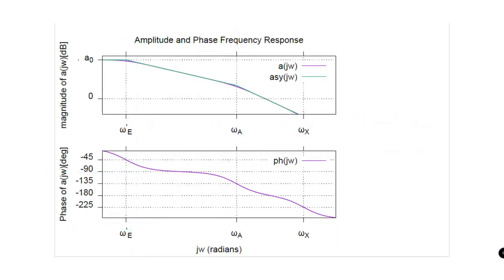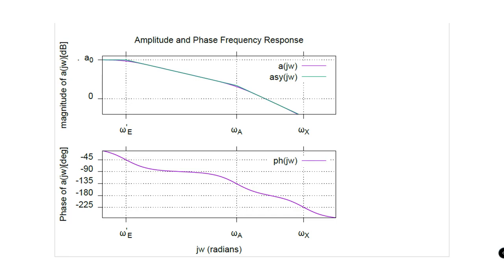Now, one of the most important tasks of compensation is to push this dominant pole towards the origin such that we end up having a phase margin which is positive. This positive phase margin would certainly make our system stable.